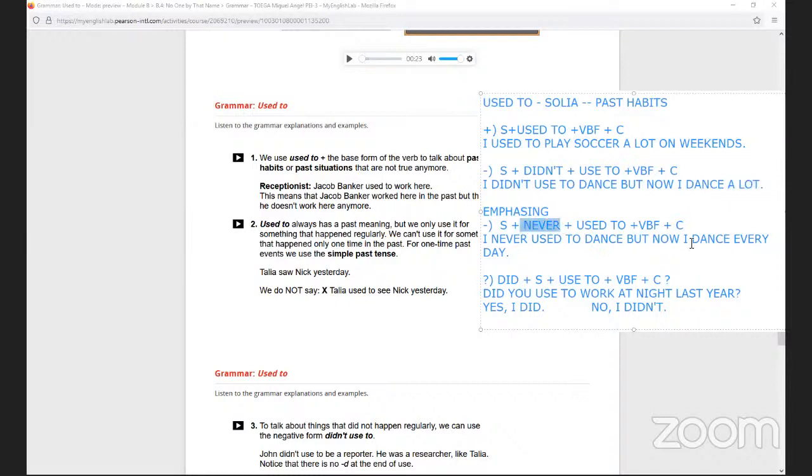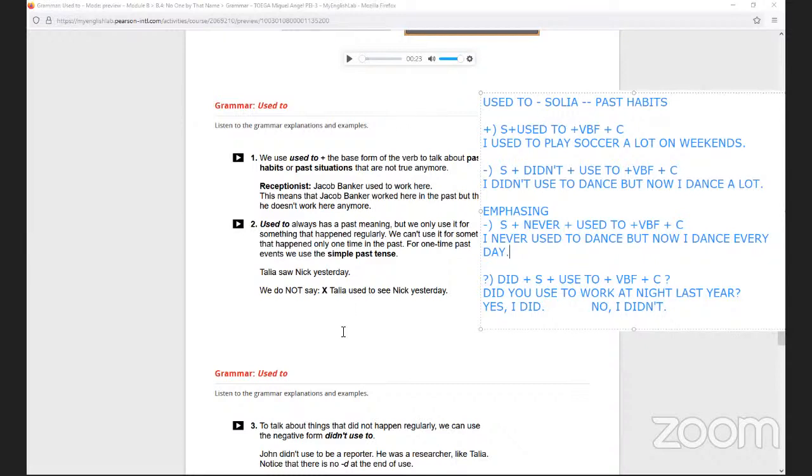And never when we exaggerate doing this action and we mention the frequency of the action, okay? In that case, we should put the frequency with never. Yes, necessarily. Okay.